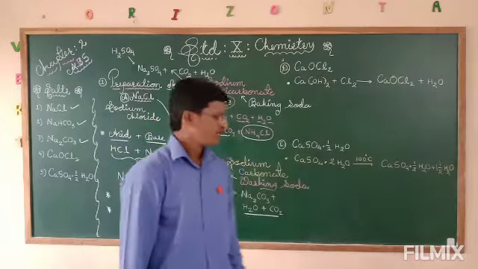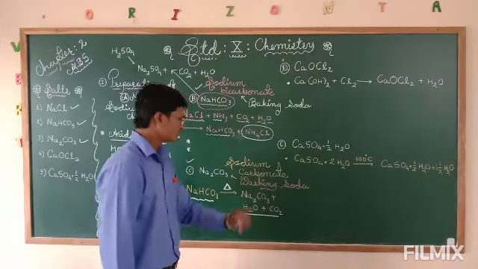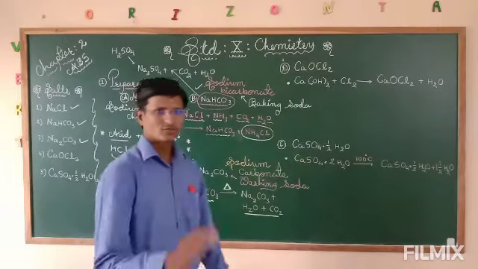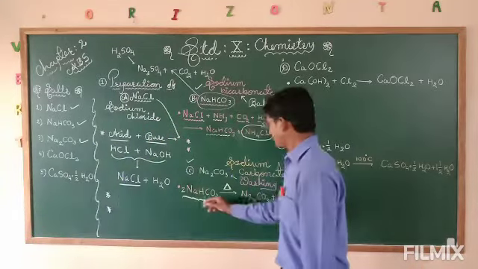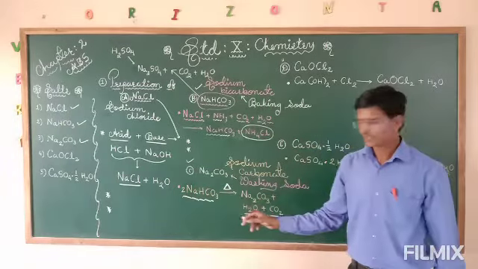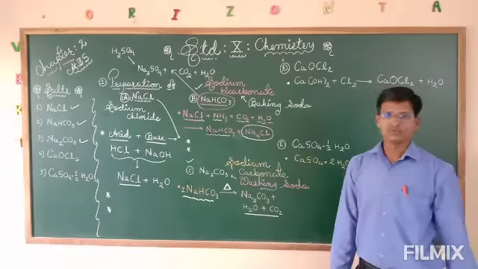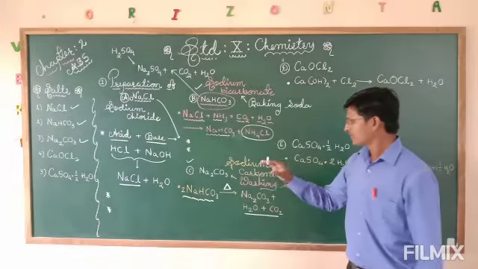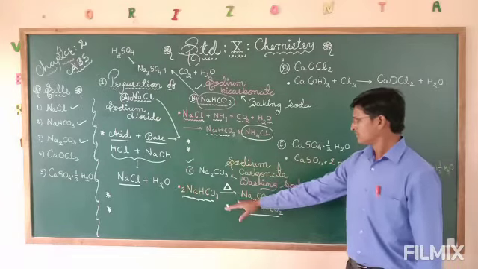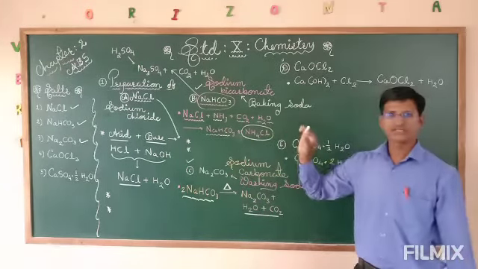Na2CO3 with H2O and CO2 can again form NaHCO3; that is also possible. So like that we prepare this washing soda by using NaHCO3, that is baking soda.